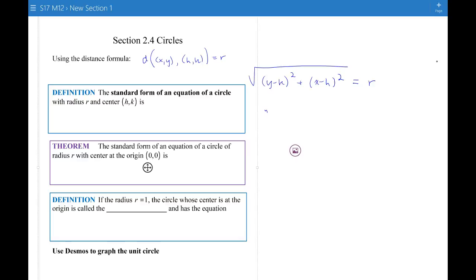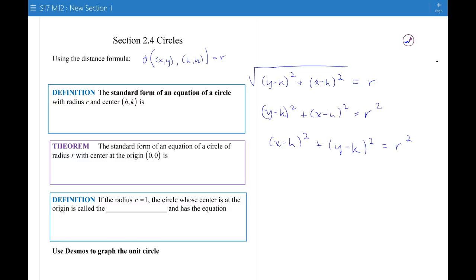Well, if I square both sides, I'm going to have y minus k squared plus x minus h squared equals r squared. And usually the x term would be first. So x minus h squared plus y minus k squared equals r squared.